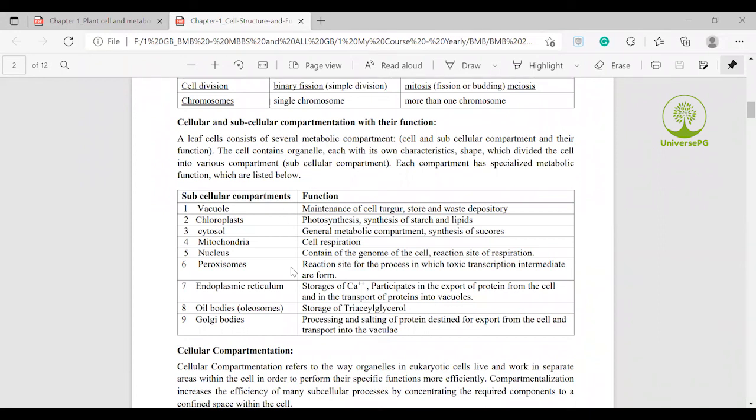Mitochondria: cell respiration. Nucleus contains the genome of the cell. Reaction site of respiration. Peroxisomes are the reaction site of processes in which toxic intermediates are formed. Endoplasmic reticulum: storage of calcium. Oil bodies: storage of TG, triglyceride. Golgi bodies: processing and sorting of proteins designed for export from the cell and transport into the vacuole.